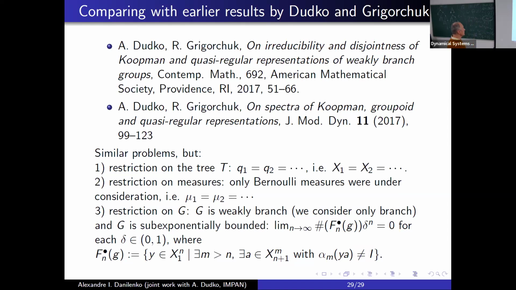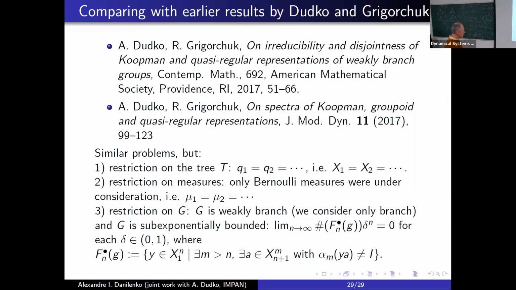And it was claimed in those papers that if G is sub-exponentially bounded, there is a definition of this concept, more or less in the spirit of pure finitarity, then under this condition the corresponding Koopman representations will be irreducible.